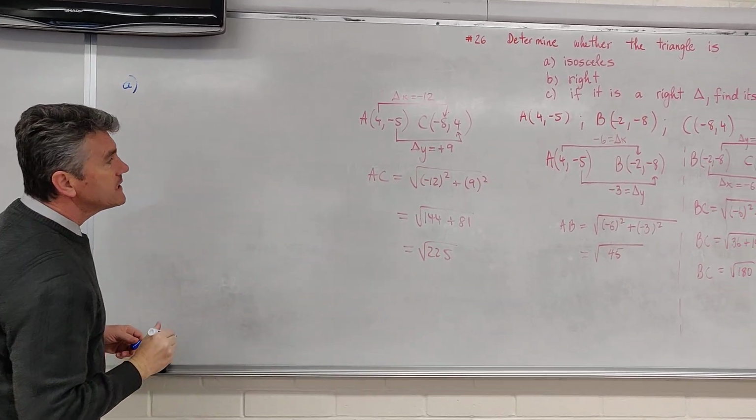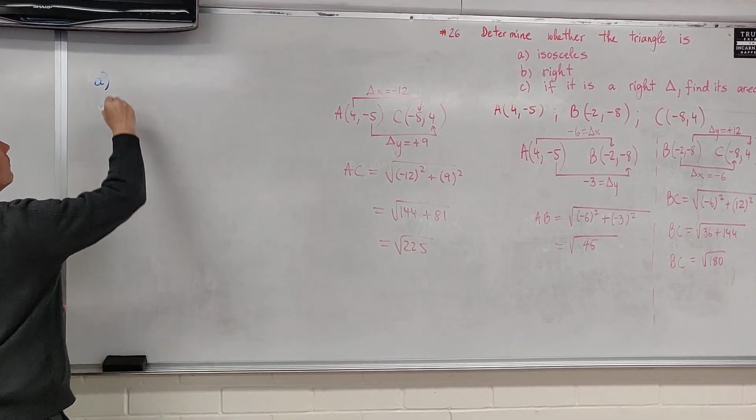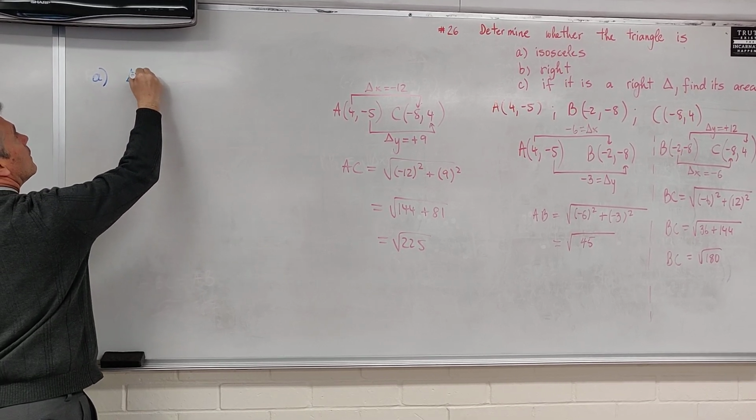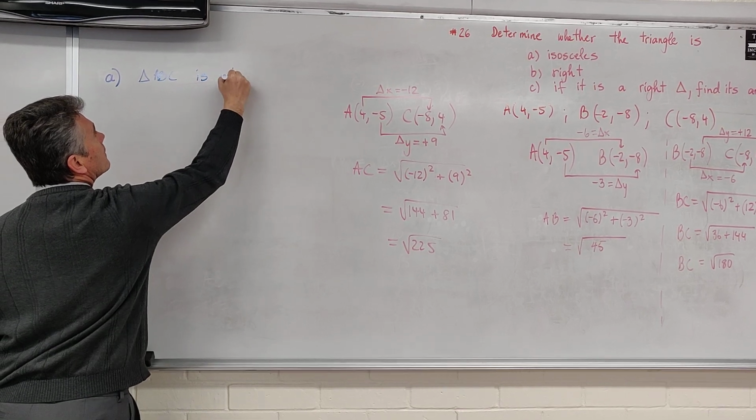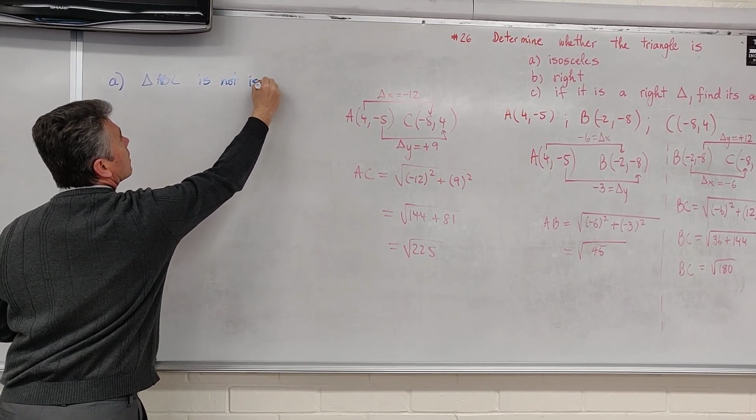Is triangle ABC isosceles? No. So triangle ABC is not isosceles.